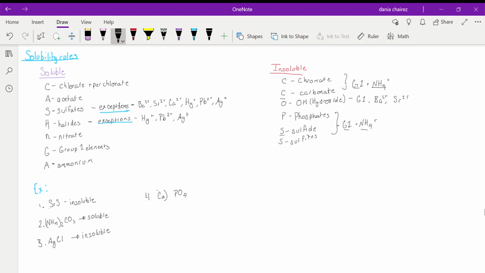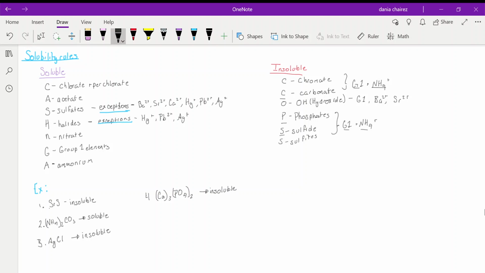Calcium phosphate has a charge of 3, so there's 3 of those, and 2. We have phosphates, which are insoluble unless it's group 1 and ammonium. Calcium is not in group 1, so this is insoluble.